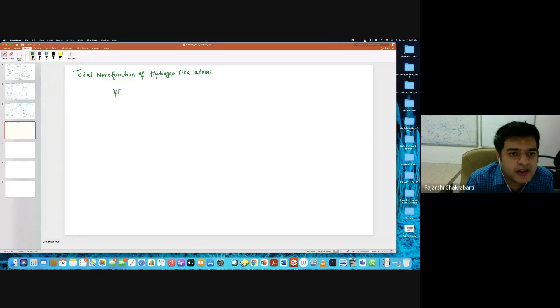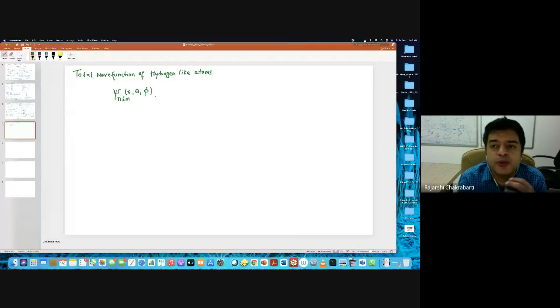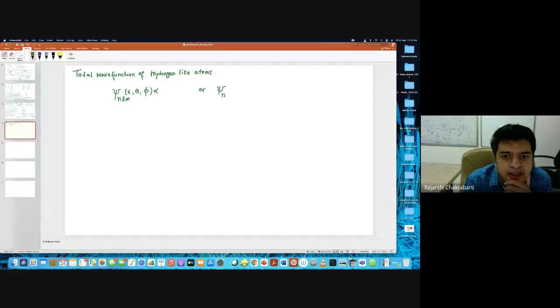So it is going to be psi n l m, which is R theta phi, and then I should have a spin part. So for example, I can think this is alpha spin, or I can have another situation like n l m of r theta phi with beta spin there. But two possibilities are there. Alpha is up, beta is down. Now this alpha also depends on some kind of coordinate. I am calling it omega, so as beta.